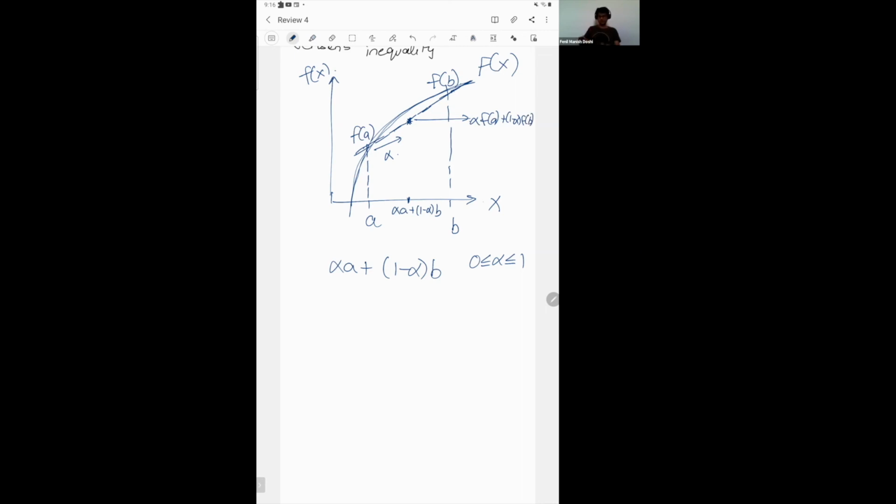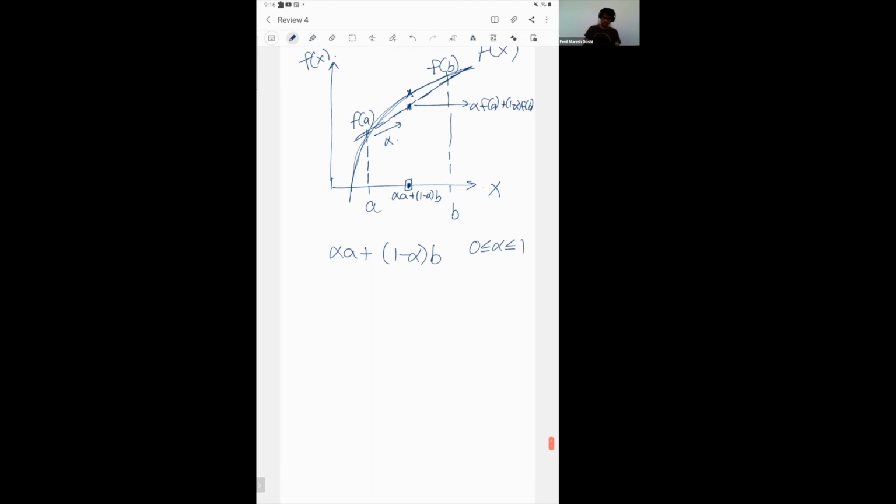If it's a concave function, the value at this point is always greater than or equal to the value on the line which connects them. So f of alpha a plus 1 minus alpha b is greater than or equal to alpha times f of a plus 1 minus alpha times f of b.